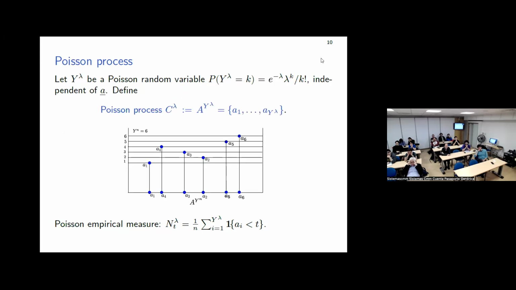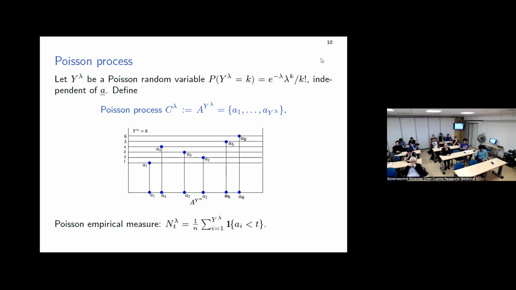For the Poisson process, I will give you straight away the construction. You take a Poisson random variable Y_lambda with parameter lambda, where lambda is positive. The probability that Y_lambda equals k is just the Poisson probability. I take it independent of the vector of IID uniform random variables.